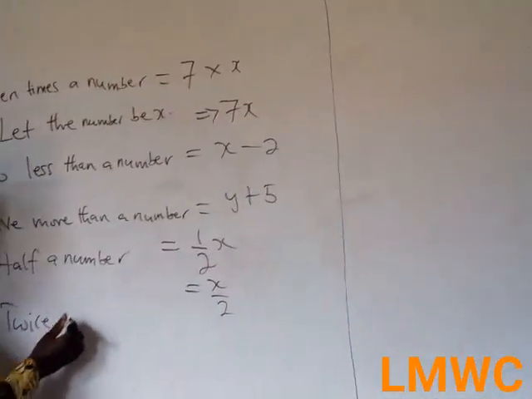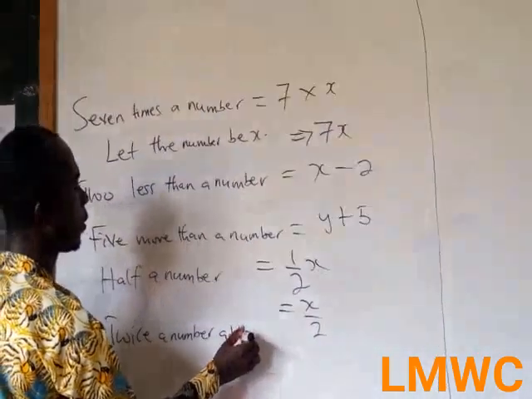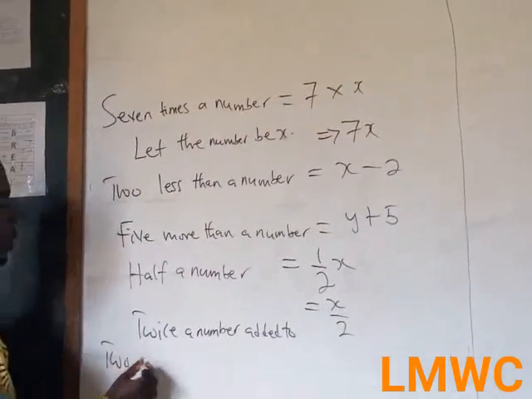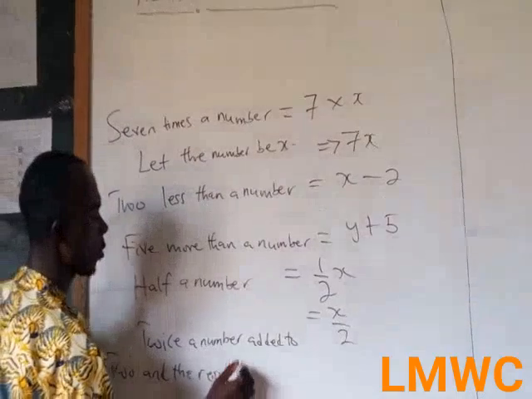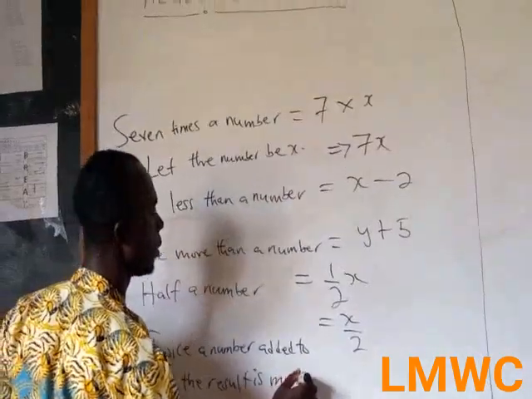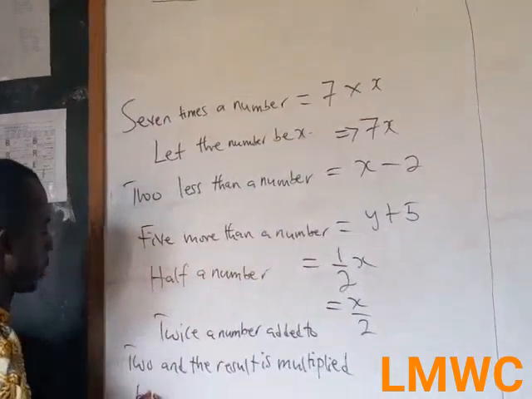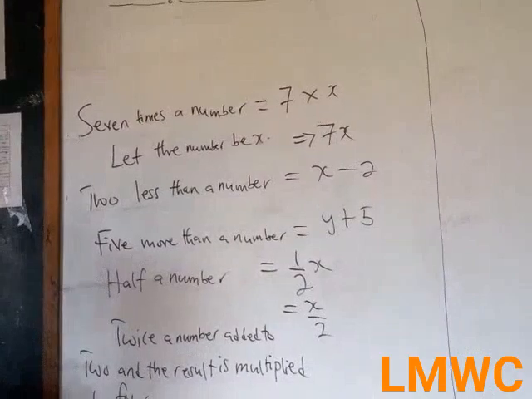Twice a number added to 2, and the result is multiplied by 4. So twice a number added to 2.